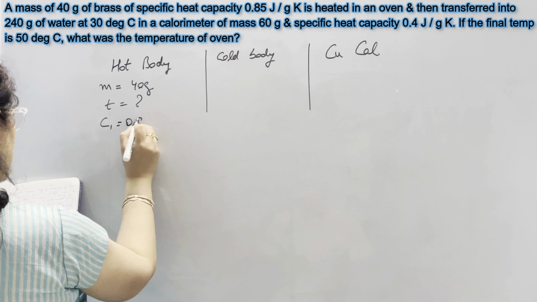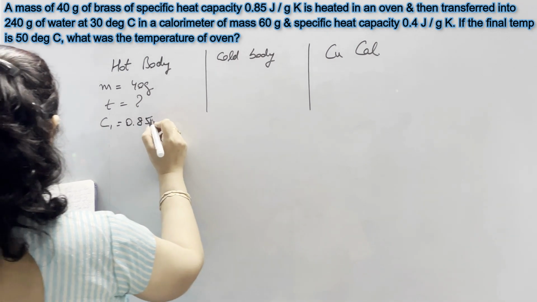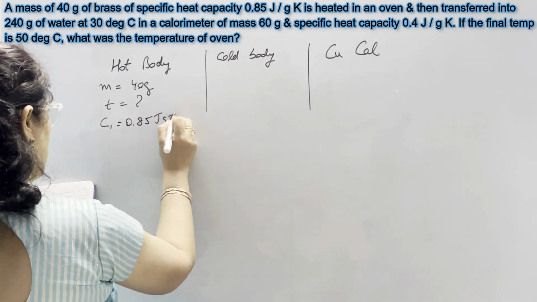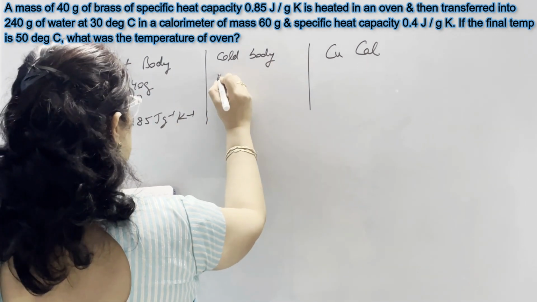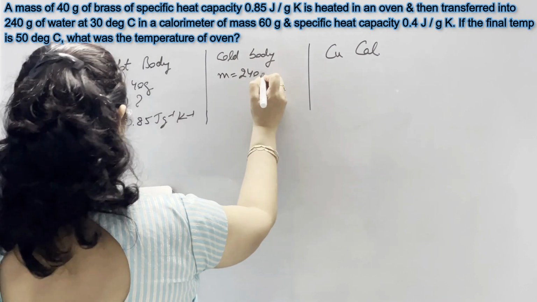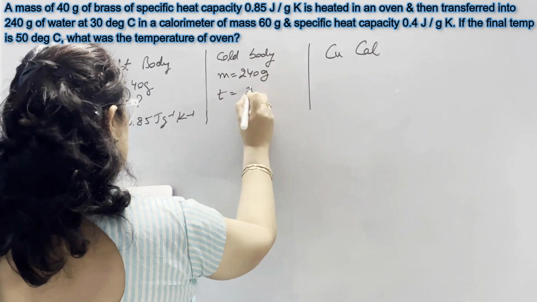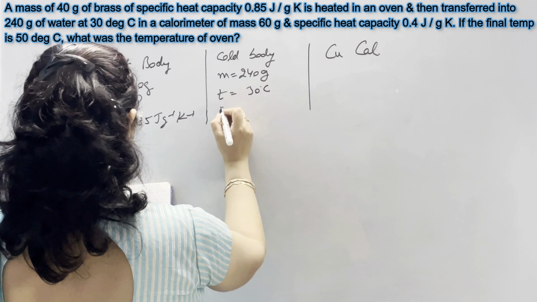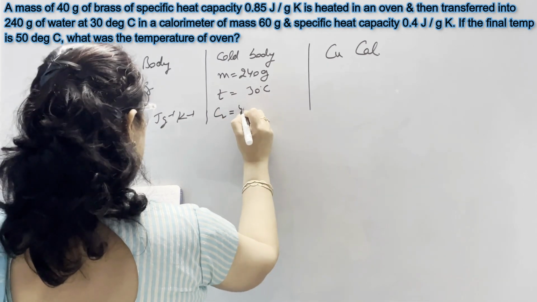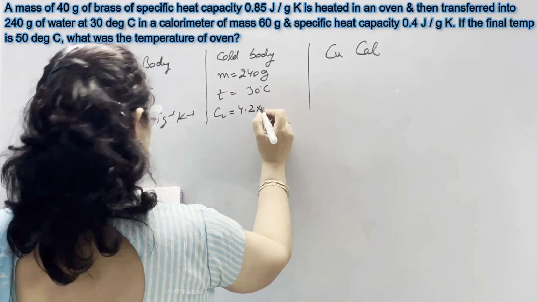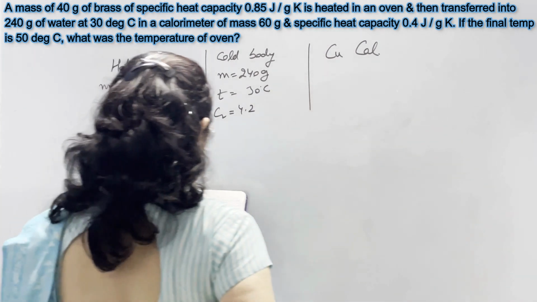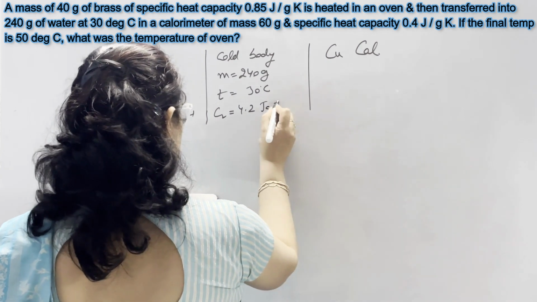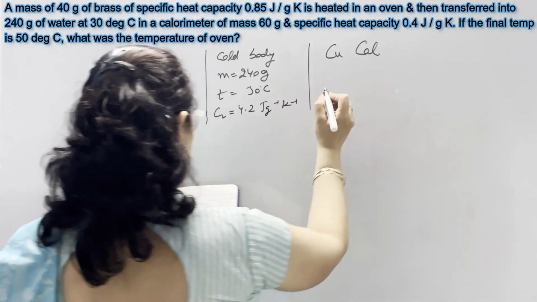C1 is given as 0.85 joule per gram per Kelvin. And for cold body, mass is given as 240 gram. Temperature is given as 30 degrees Celsius and C is 4.2. We are taking all values in CGS units, joule per gram per Kelvin.